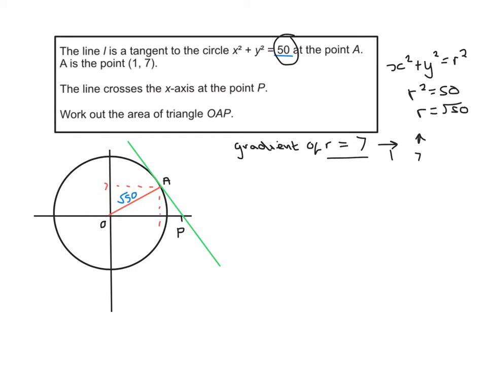So the next thing is the gradient, I'm going to put m now because m stands for gradient. So the m of the tangent, the gradient of the tangent is the negative reciprocal of the radius. So if the gradient was 7, then the gradient of the tangent is going to be negative 1 over 7.